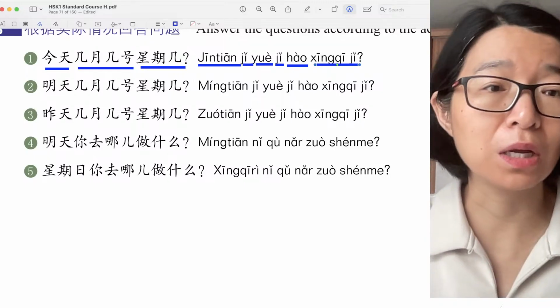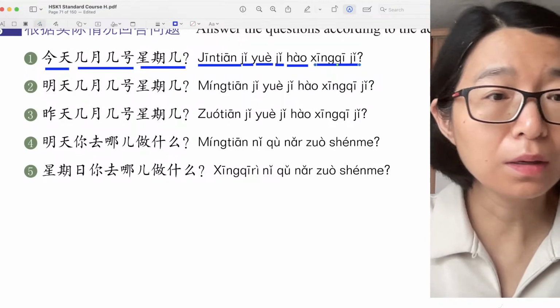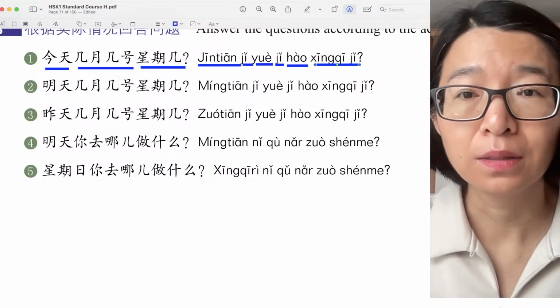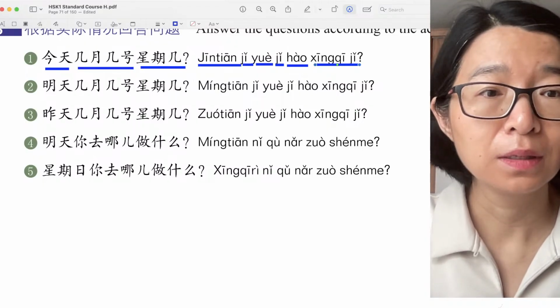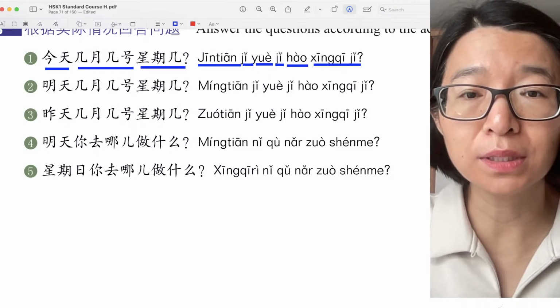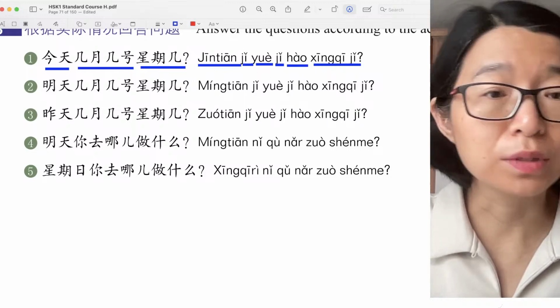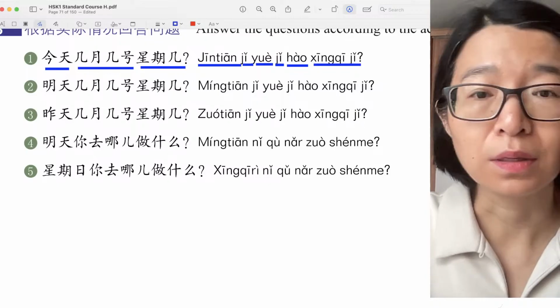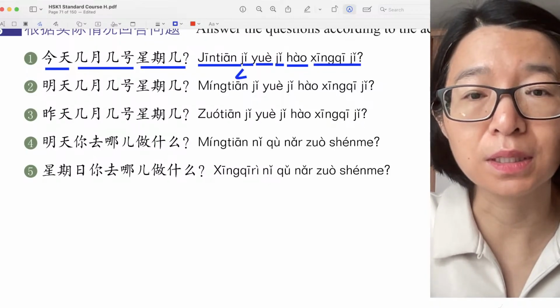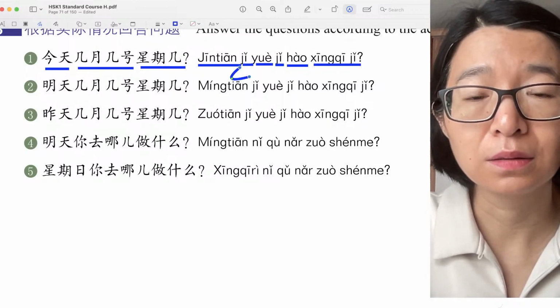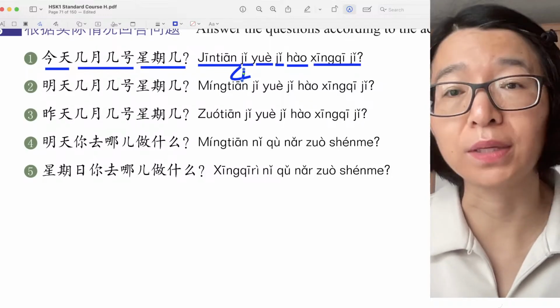Here you just change this word 几 to 4. Yeah, 今天4. I just write number 4 here.